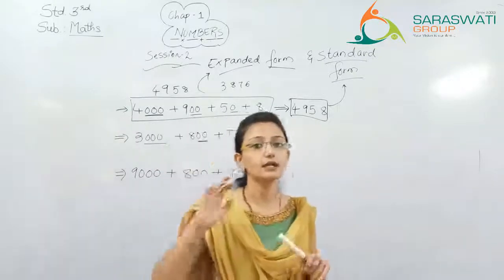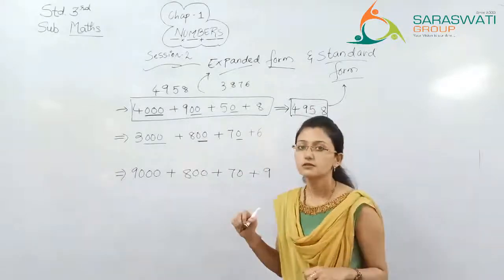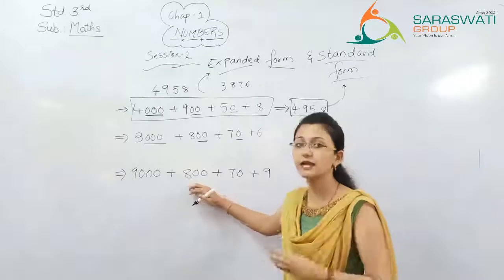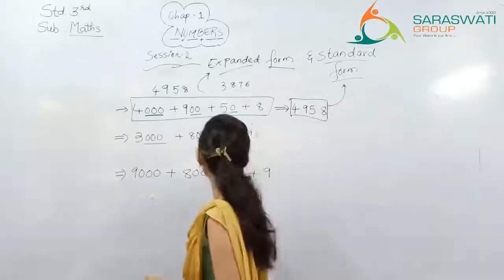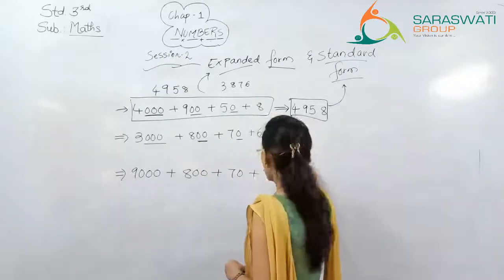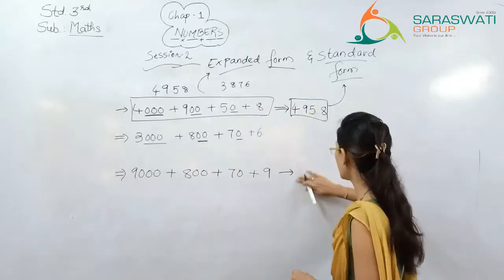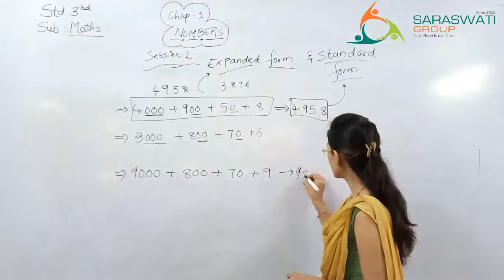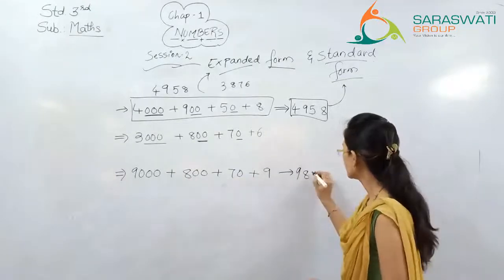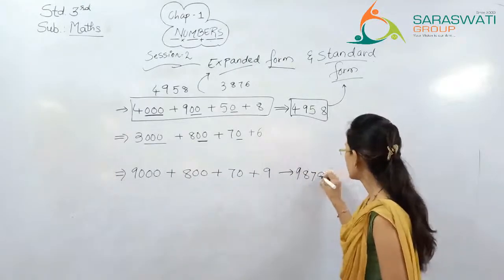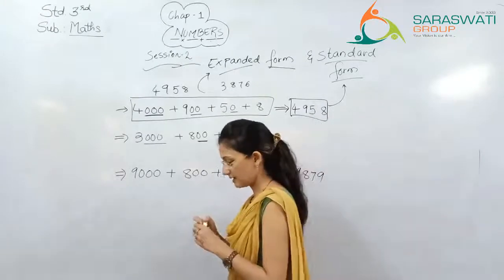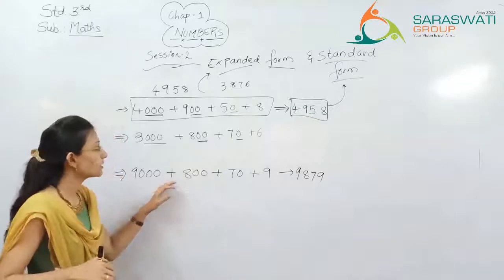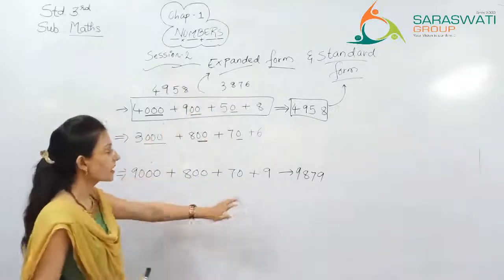How will you write it in a standard form? Just write it in your rough book. You will write like 9000, that means only number 9, 800, that is 8, 70, that is 7, and 9, that is 9879. So this would be the expanded form and the standard form.